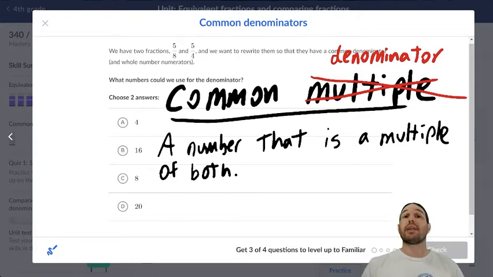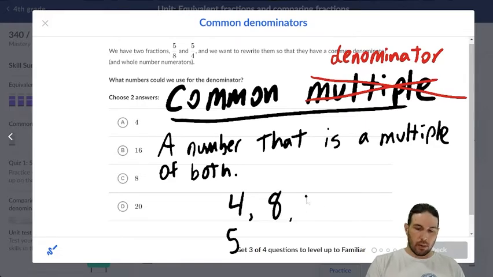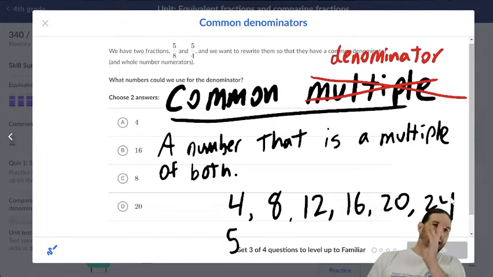Anyway, for example, if I have 4 and 5, and I wanted to list out the multiples of each. Well, 4, then is 8, then is 12, then it's 16, 20, 24, and we're running out of space here.